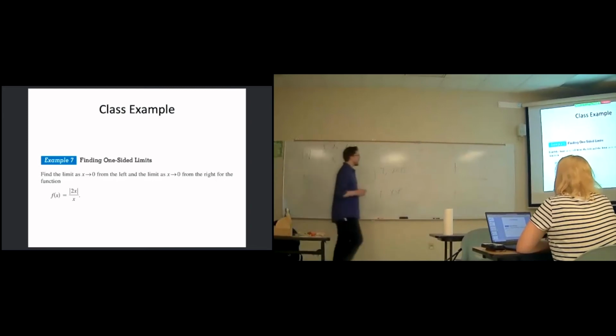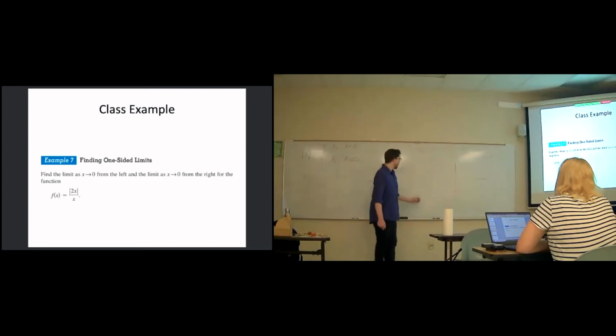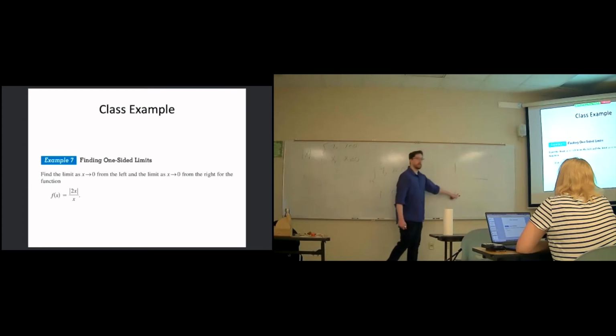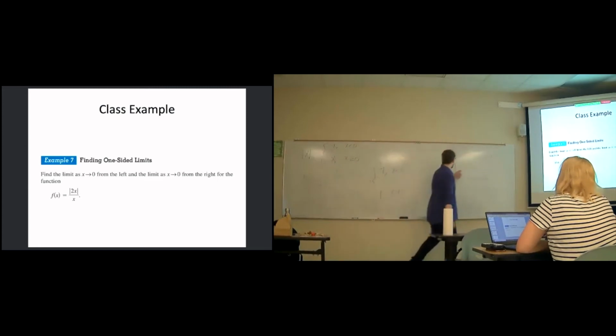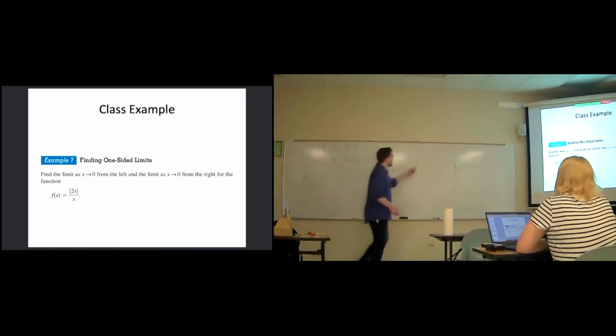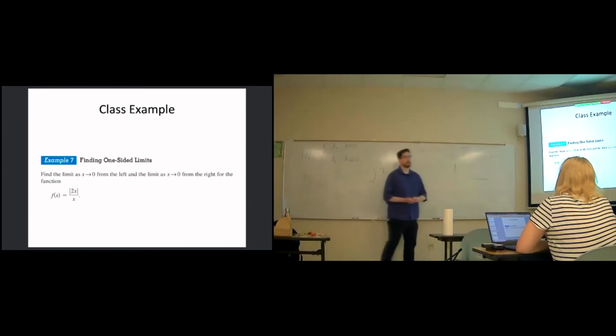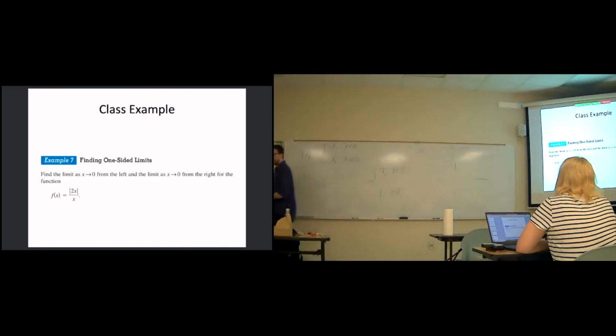So looking at this, our limit definitely does not exist, right? Because the limit from the left is going to graphically be -2. The limit from the right, graphically you can see, is going to be 2. We've also shown that algebraically as well. Everybody agree with this? Why is it not x greater than or equal to 0?